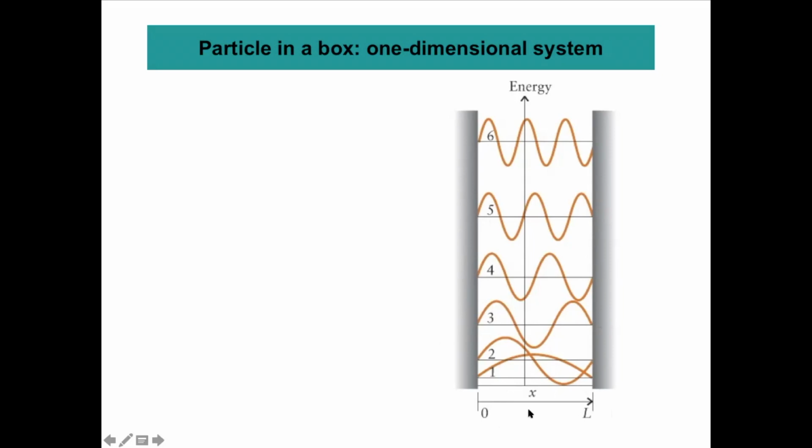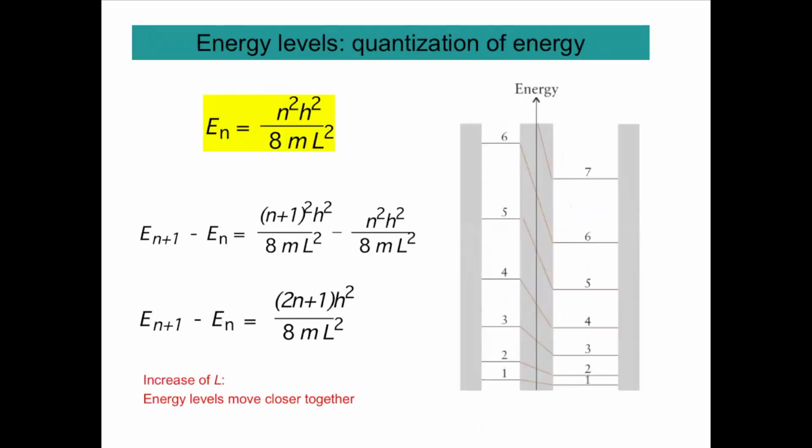This is basically the size of the box, but you can also consider it the size of the particle. Energy differences between the levels are related to the size of the box. A smaller box has larger energy differences, so it has a more blue shifted color. So it is really similar to the particle in the box model.